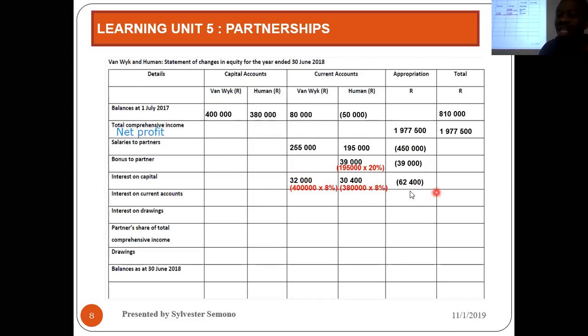All in all, where do we take that amount from? From appropriation. Check your appropriation account, you're going to see this 62,400. Oh, okay, it makes sense. Since it's the appropriation account, all the ones that are in brackets are on the other side. Yes, just like that.